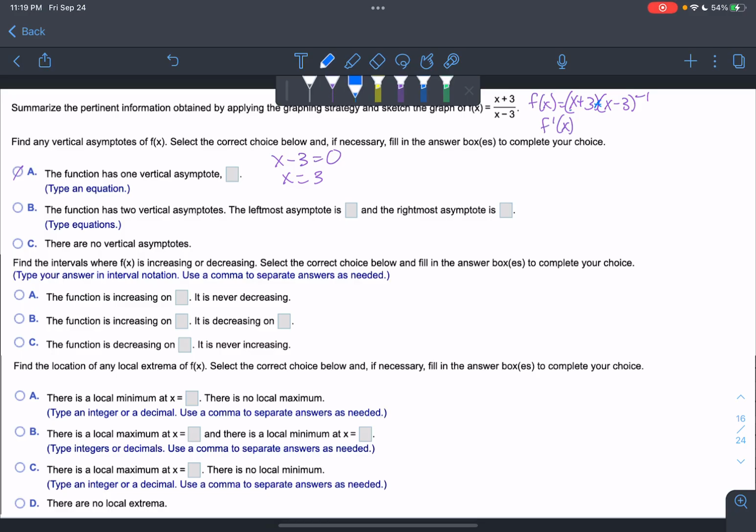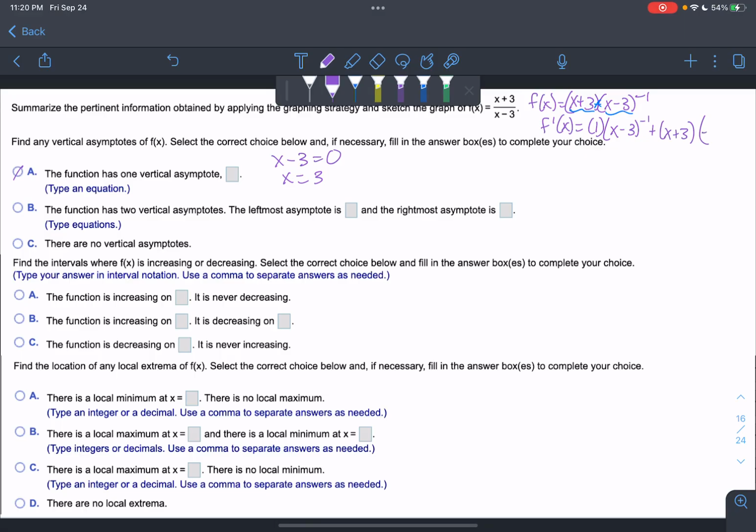I see that I have a term with x multiplied by another term with x. So a product rule, and take the derivative of the first term, x plus 3, that's just going to be 1. I'm going to rewrite the second term, and then I'm going to add the first term, x plus 3, times the derivative of the second term, x minus 3 to the negative 1.